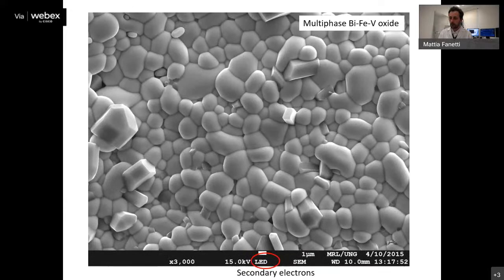Okay, and this is a last example of a multi-phase bismuth iron vanadium oxide. This is a secondary electron image, and this is very good to see the morphology of the material, okay? But it's not useful if I want to distinguish the different phases.